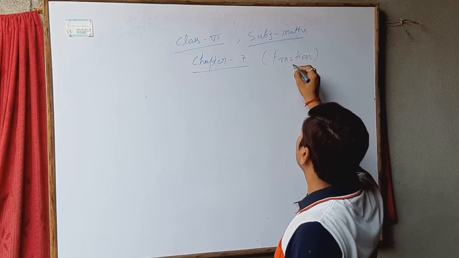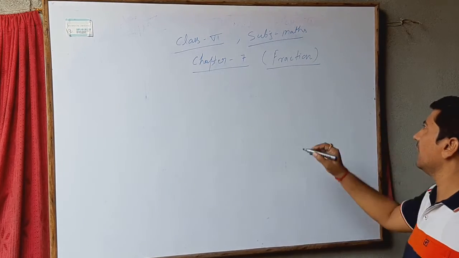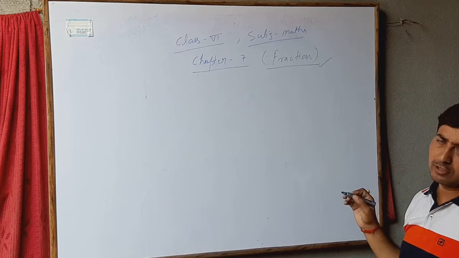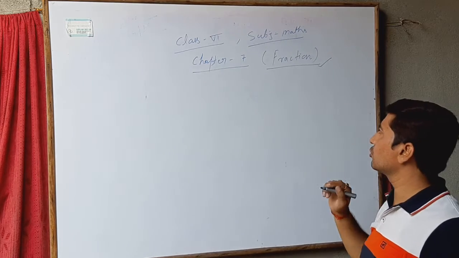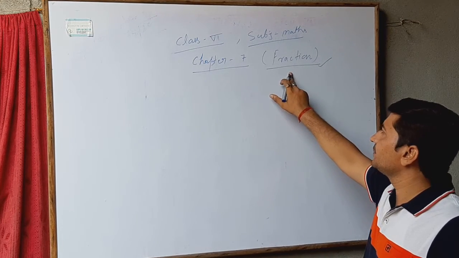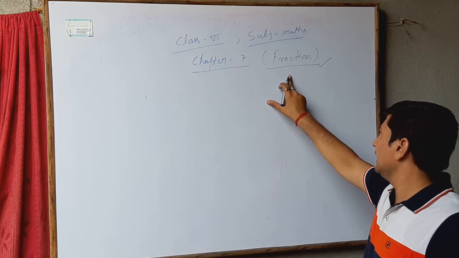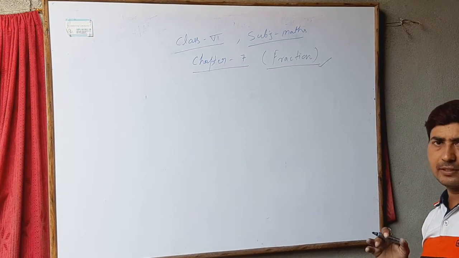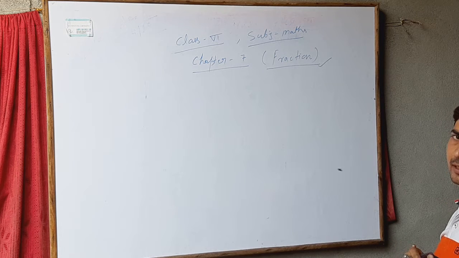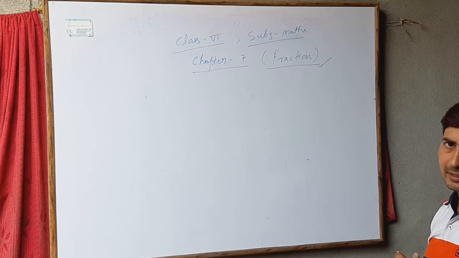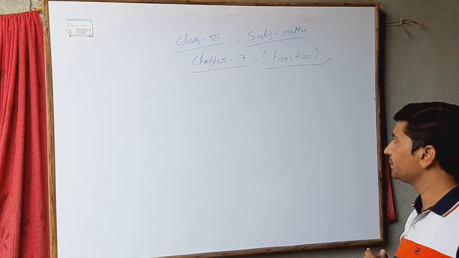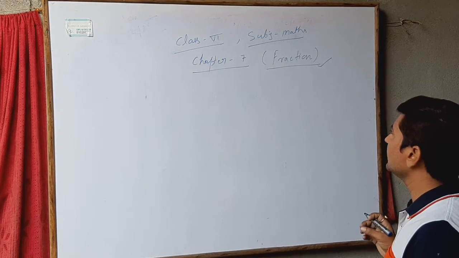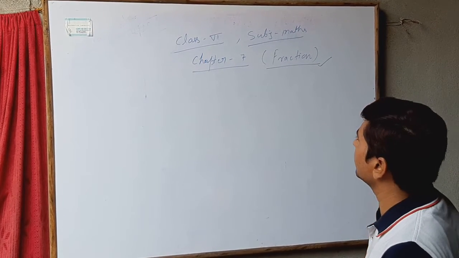So I think everyone now knows about this chapter because I had discussed in previous classes what is fraction, how we will construct a fraction, and how we will convert decimal into fraction and fraction into decimal. So many things we have all studied in previous classes.